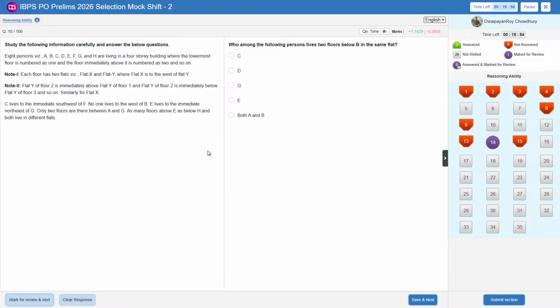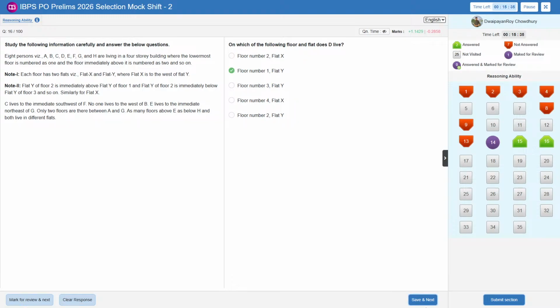How many persons live 2 floors below B? Who lives 2 floors below B in the same flat? So C, same flat. On which floor does D live?